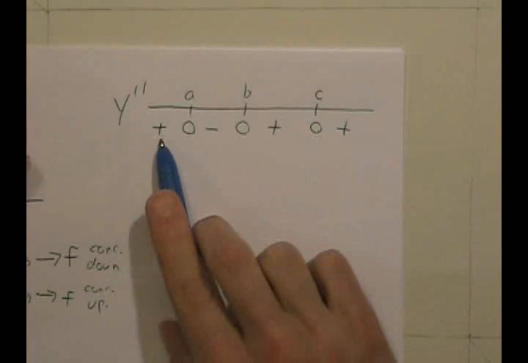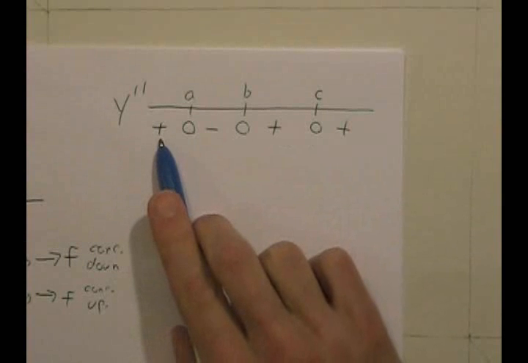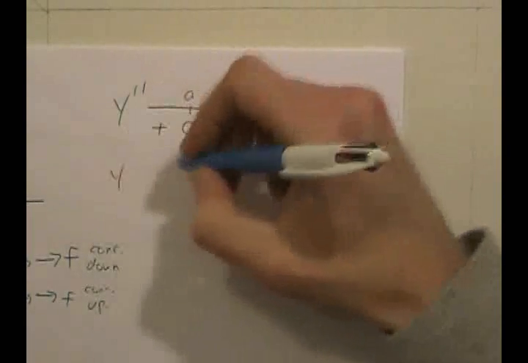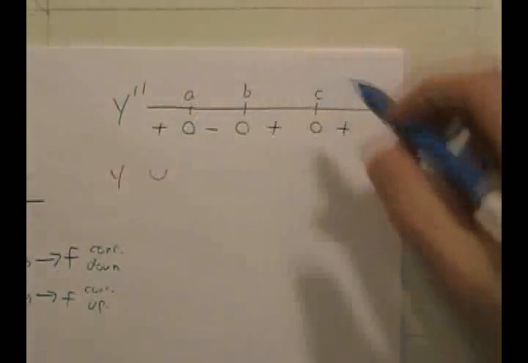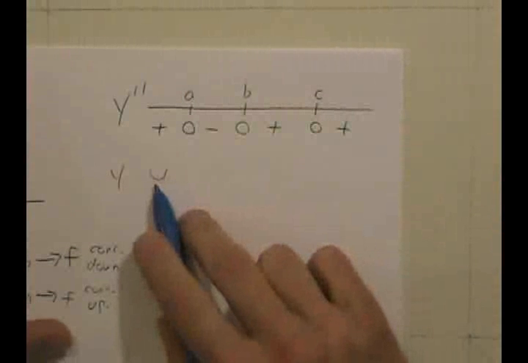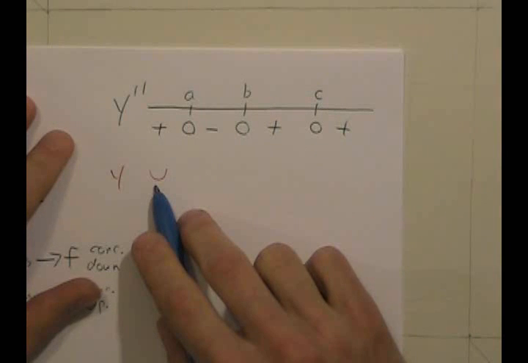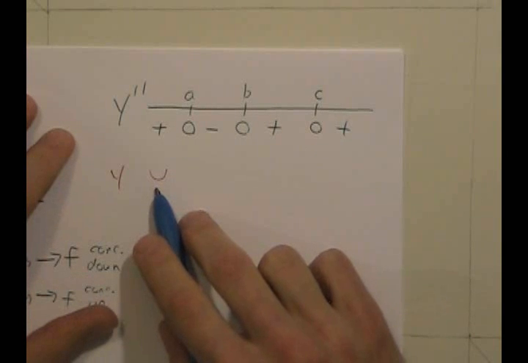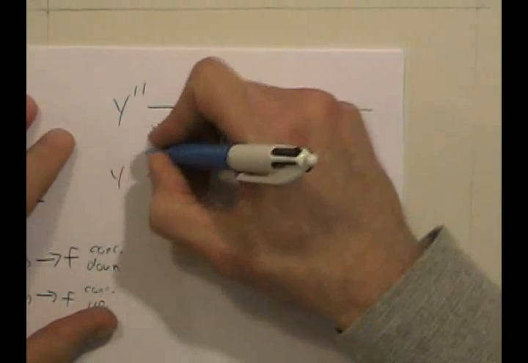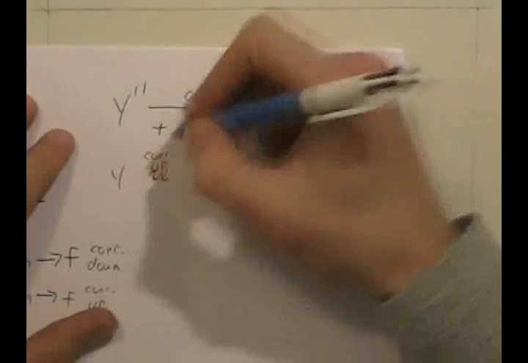Because if y prime prime is positive, that implies that y prime is increasing, and hence y must be concave up. Now, whether y is increasing or decreasing depends on the sign of y prime, but we're just going to examine concavity for now. I should just say concave up.